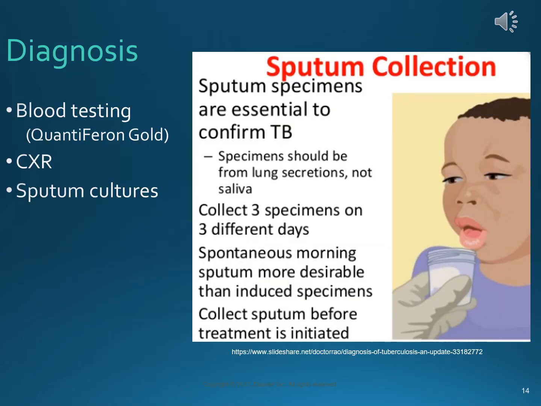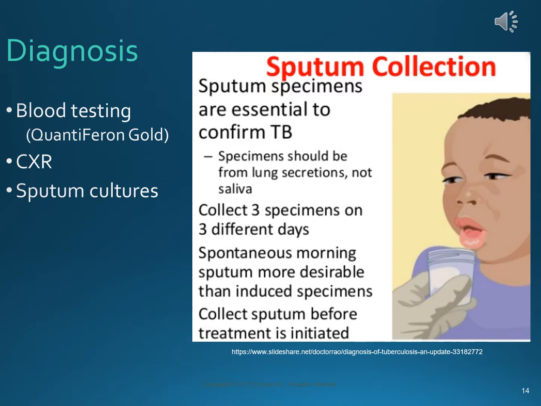We talked about a skin test being the first step to diagnosing. Another way to diagnose is with a blood test or an immunoassay for TB antibodies. The most common one we see in this area is called the QuantiFERON Gold test. This blood test differentiates between antibodies that your body has made in response to BCG, which is the TB vaccine, and antibodies that are made from an actual infection with Mycobacterium tuberculosis.